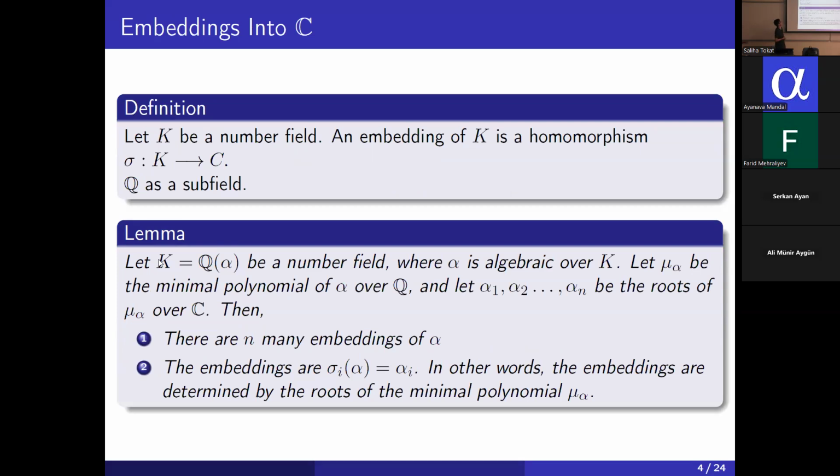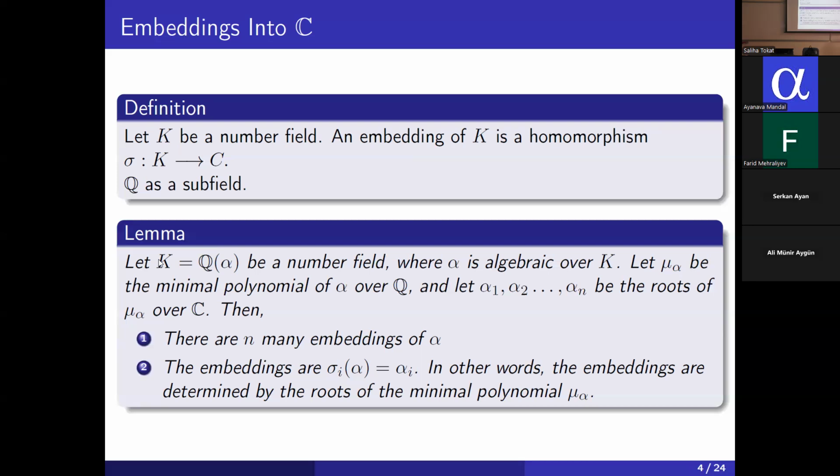Again, we have a new term, maybe for you, which is an embedding into the complex numbers. Basically, we embed our number field K into the complex numbers. Please don't forget that K has the subfield Q all the time. Here we have a lemma, which is really important for us. We have some embeddings, but how do we determine how they behave in different cases?